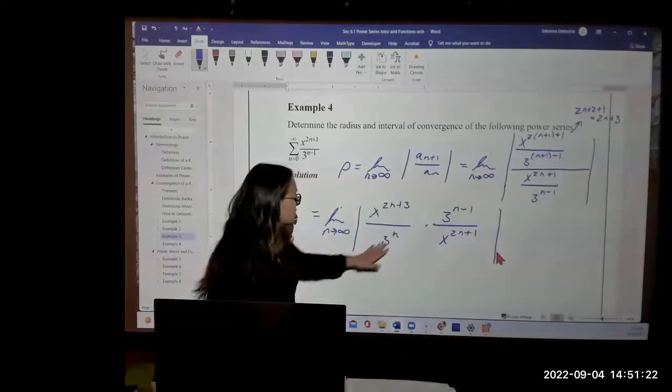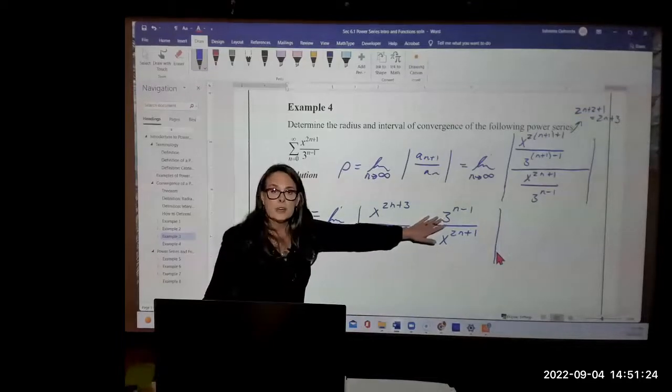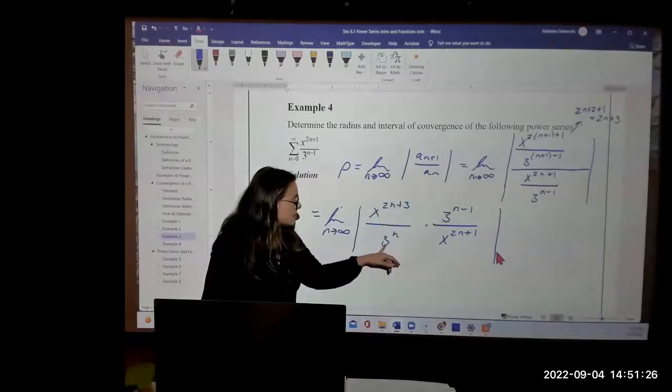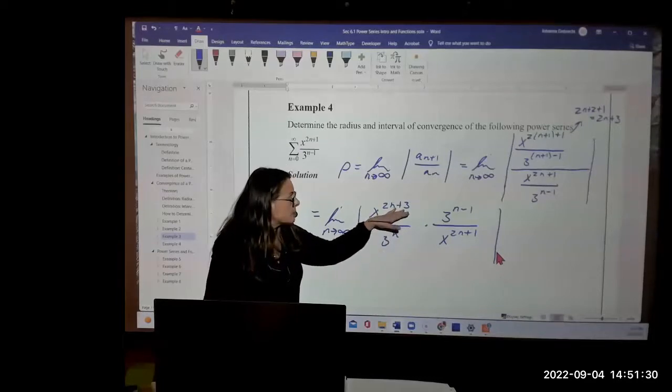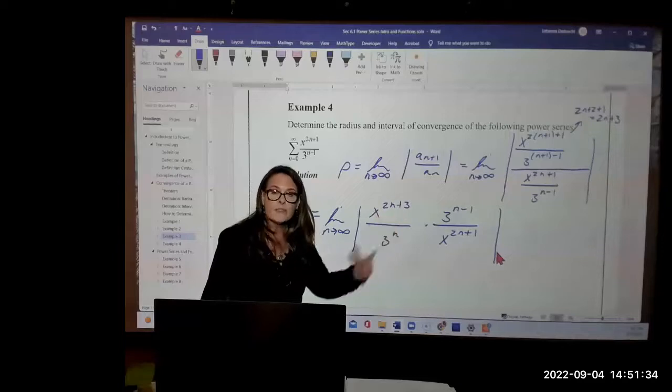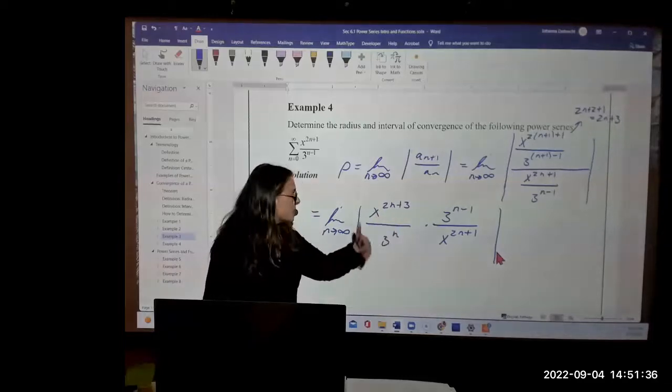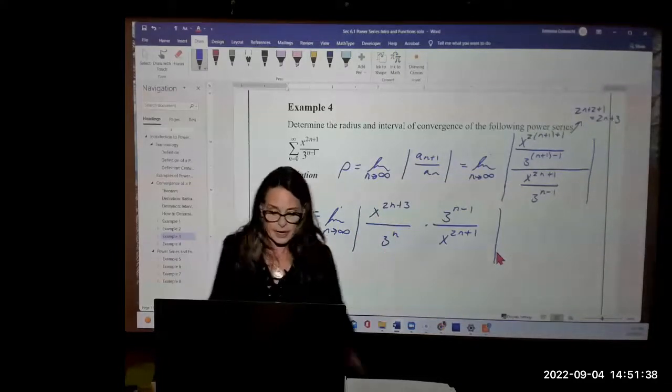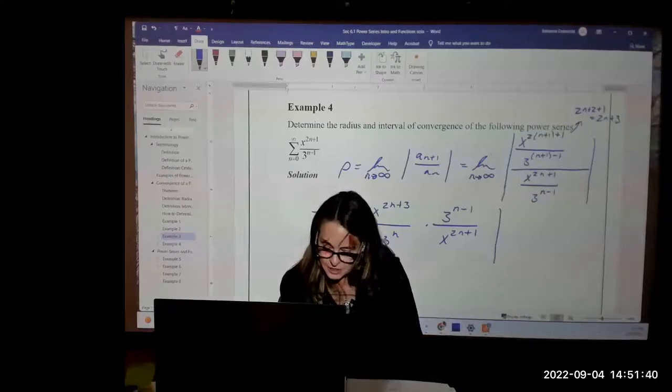Now, clearly 3 to the n is larger than 3 to the n minus 1. So I'm going to write this one as 3 times 3 to the n minus 1. X to the 2n plus 3 is 2 larger than this, so I'm going to pull 2 of these off and have x squared times x to the 2n plus 1 again. So this leads to the following expression.